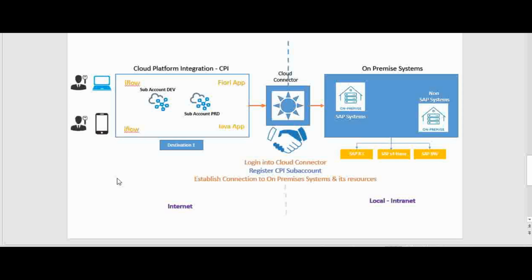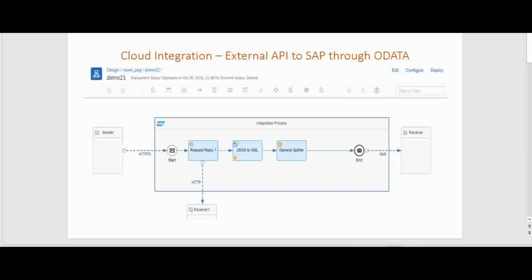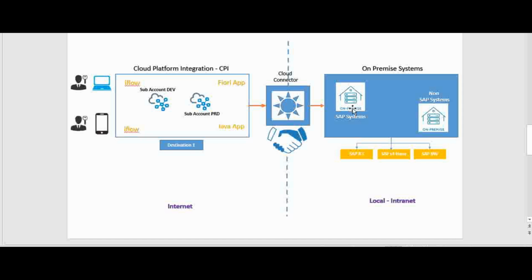Then we will come back to this place. When we start creating an OData service, what will this CPI understand? Now you know that I am coming from some subaccount number ABC, so it will know what resources it can access, maybe the R3 OData services.